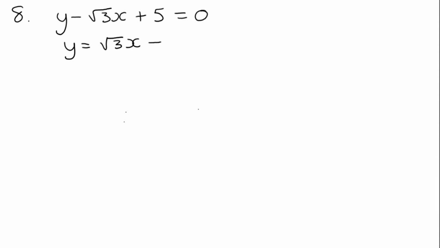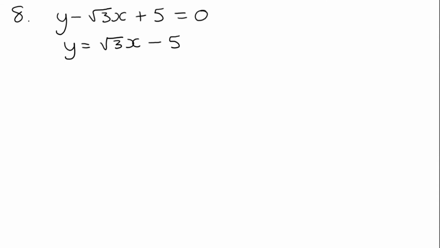Okay, question 8. You've got y minus root 3 x plus 5 equals 0. We want to rearrange that in the form y equals mx plus c, so we can see the gradient. Anytime you see positive direction of the x-axis, that just means m equals tan theta.